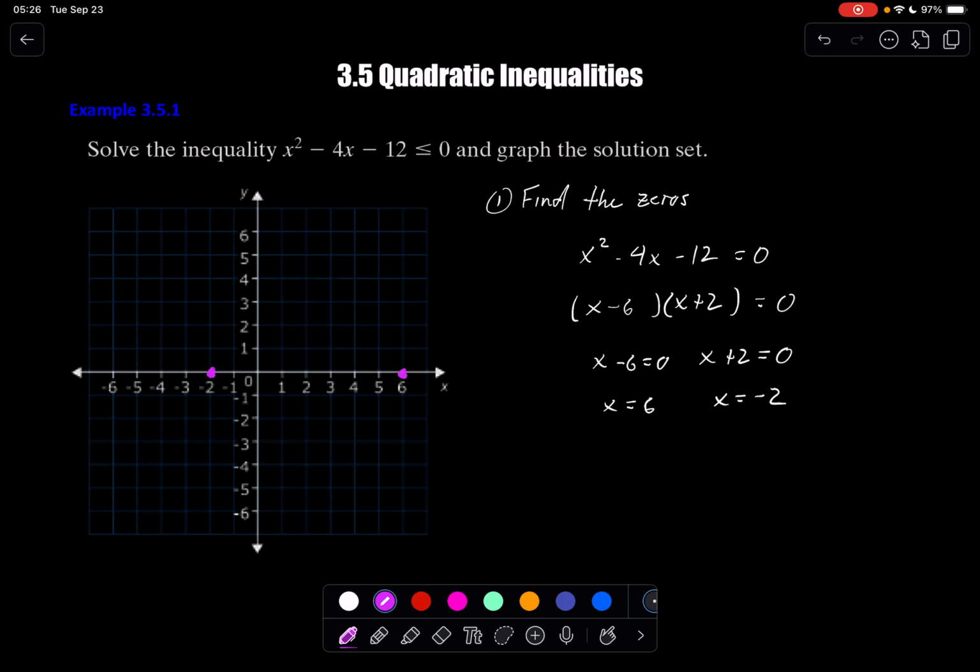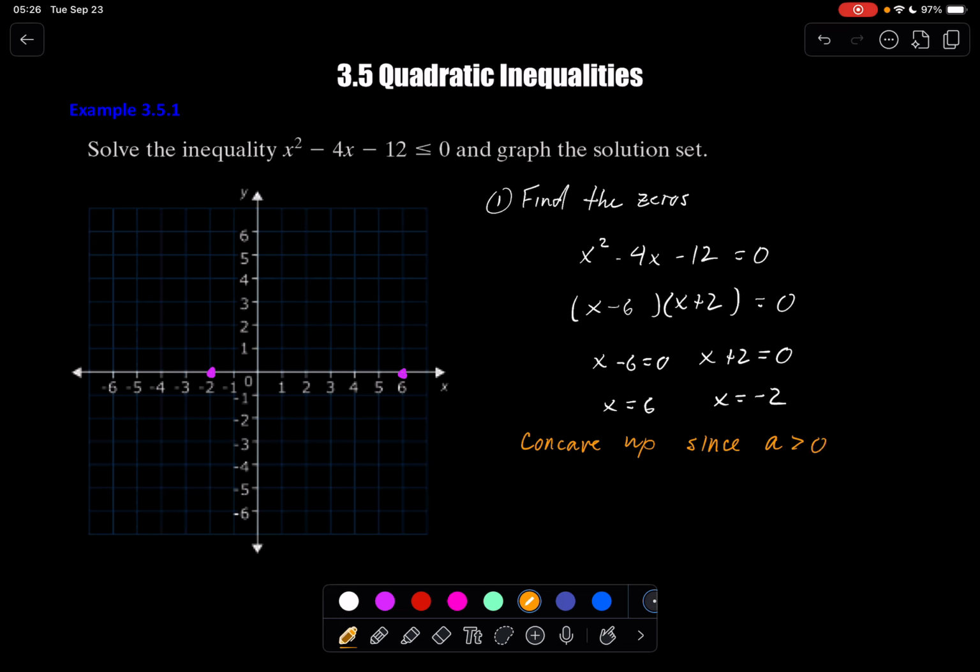Now, we don't even have to graph this entire quadratic, but we do know that the quadratic opens upward. It's concave up, since the leading coefficient is greater than 0. So this is concave up since a is greater than 0, right?